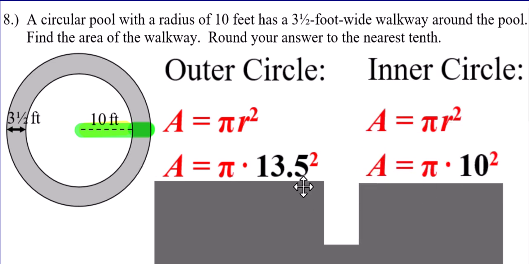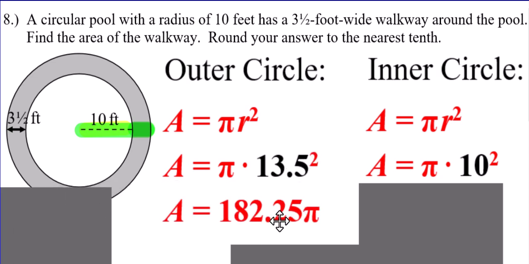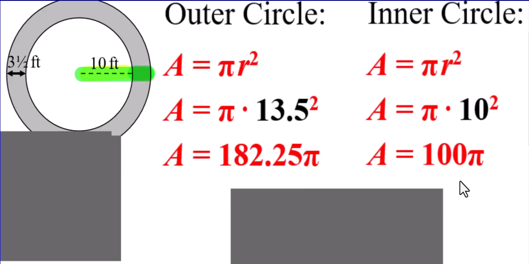All right, so 13.5 to the second power should have given you 182.25. Bring down the pi next to it. Again, don't get the crazy ugly decimal. Keep it in terms of pi. For the inner circle, 10 to the second is 100. So that's 100 pi. Again, don't make it 314 point something. No. Keep it in terms of pi.